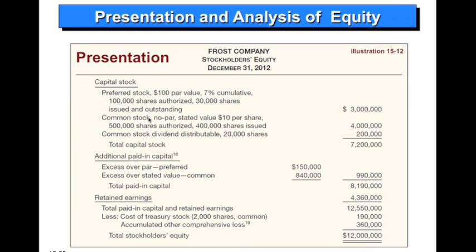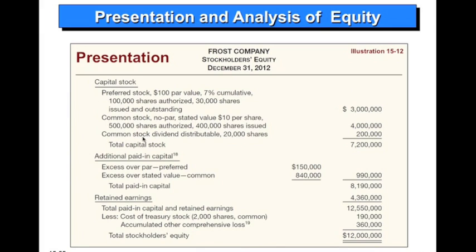That's how much the coupon is, the dividend. Okay, and we have how many are authorized and then how many shares are outstanding. And then the actual value of these shares. Then we have common stock. Then we're also seeing how much that is, what's authorized, what's issued, the actual amount.